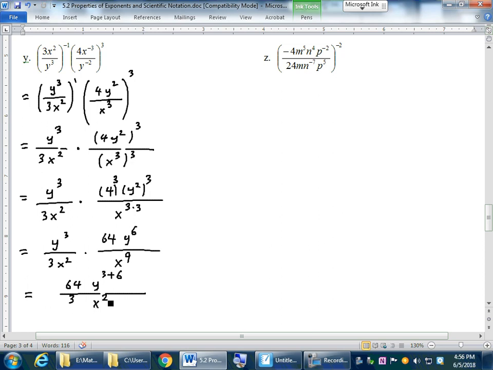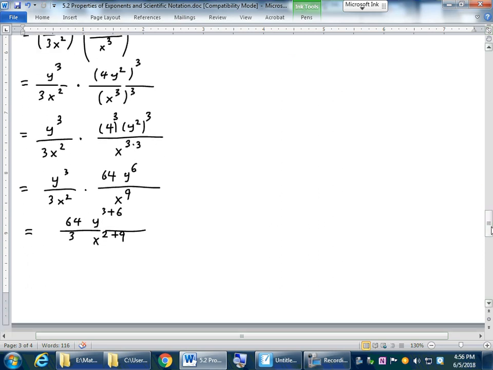Similarly, for the x part, x squared times x to the 9 power, so it'll be x to the 2 plus 9. And finally, my final answer becomes 64y to the 9 over 3x to the 11. That will be my final answer.